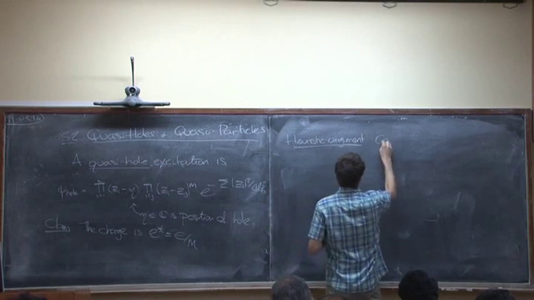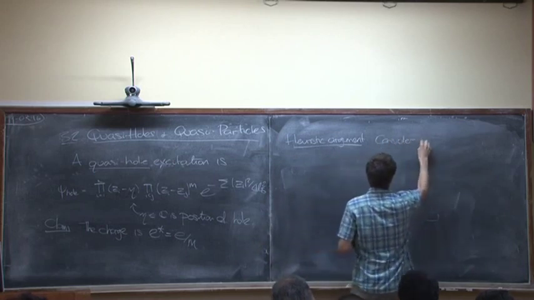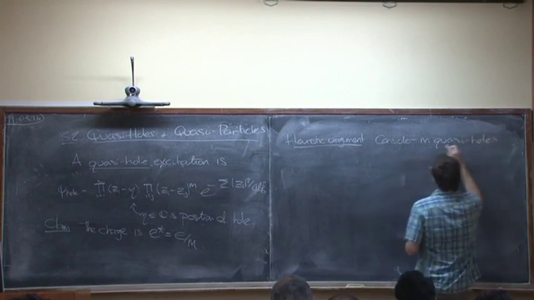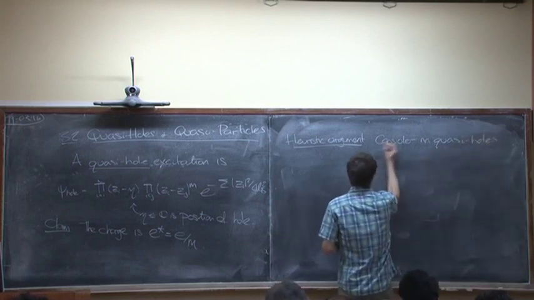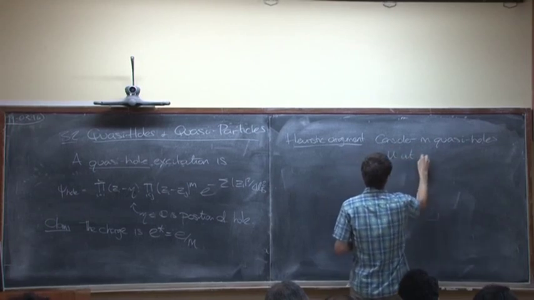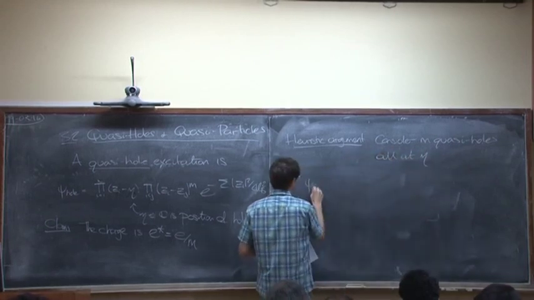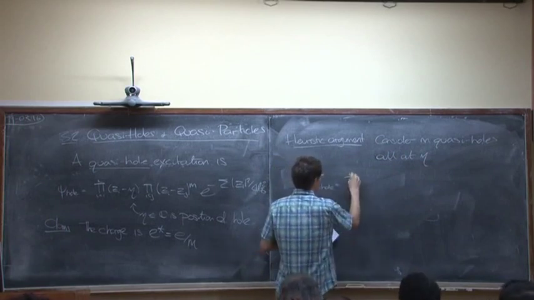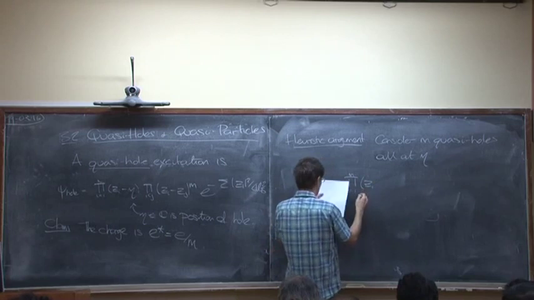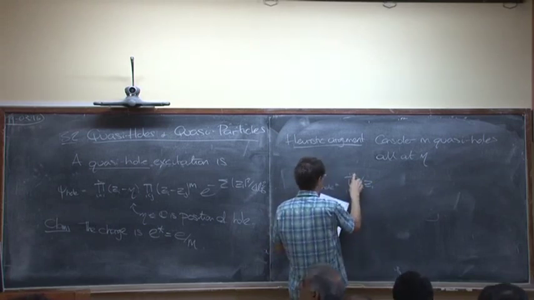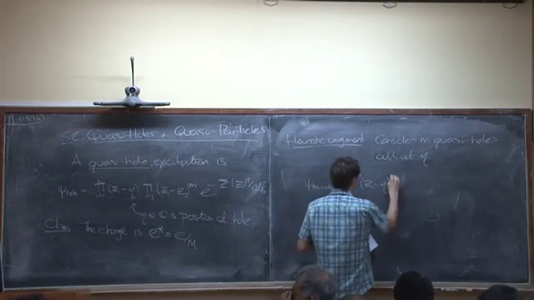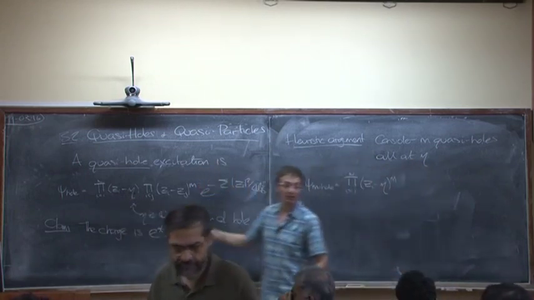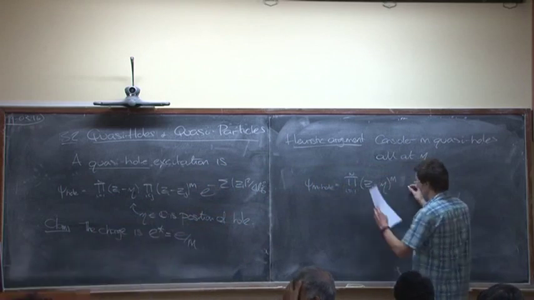And the argument is just consider m quasi-holes in the same location. So all at position eta. Then the wave function for m quasi-holes, you just multiply m... You just put m factors of this in the wave function.